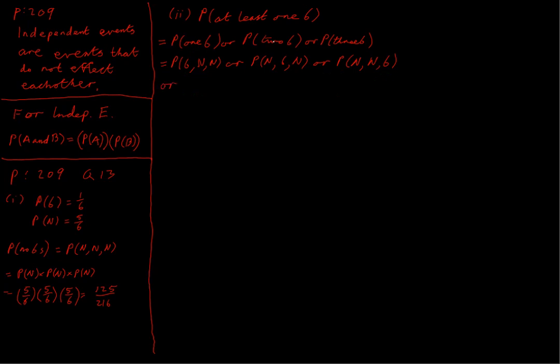Or, now we're dealing with probability of getting 2 6s. We could get a 6, a 6, not a 6. Or a 6, not a 6, 6. Or we could get not a 6, a 6, and a 6.